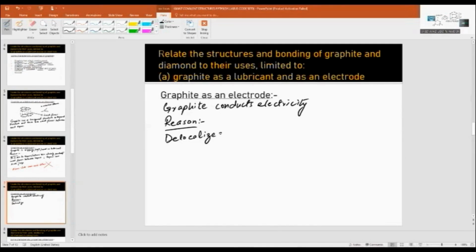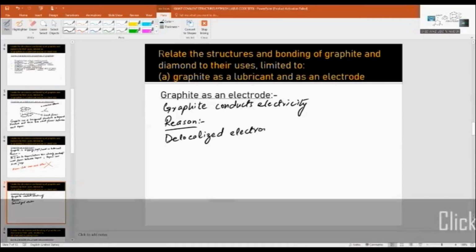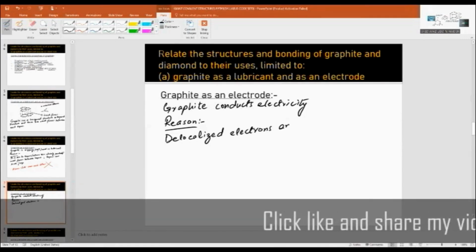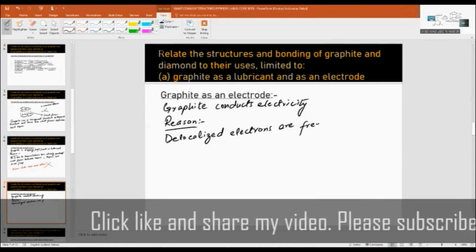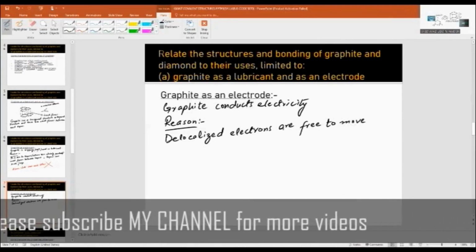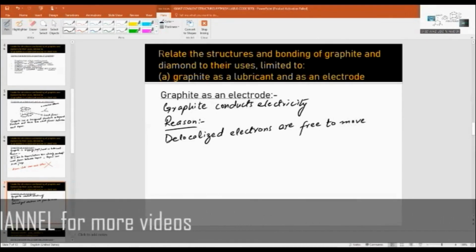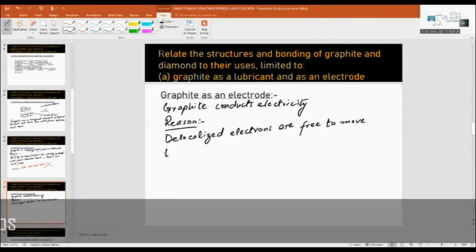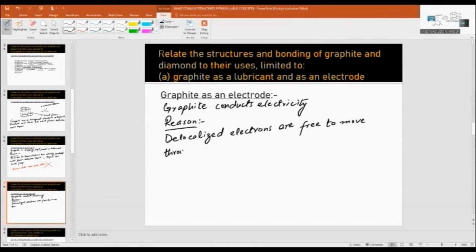Delocalized electrons are free to move throughout the sheets, or electrons can move.